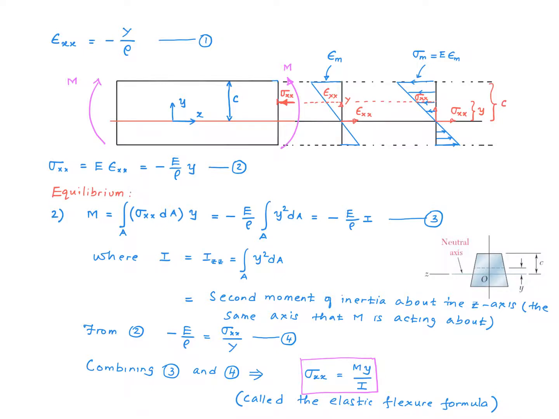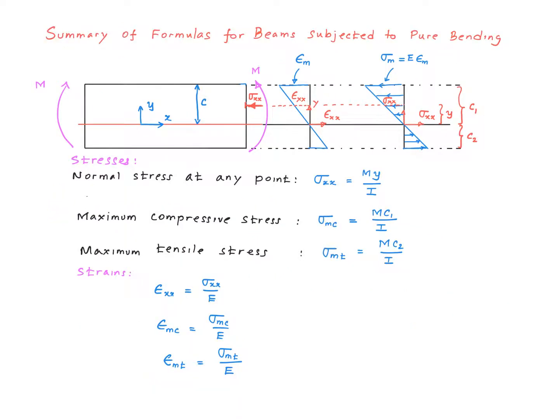So finally we have the equation we've been looking to derive all this time. So here's a little summary of these equations. The normal stress at any distance y from the neutral axis is given by this equation. Sigma xx equals My over I. Now if I'm interested in finding the maximum compressive stress, all I have to do is to use c1 for y, right?